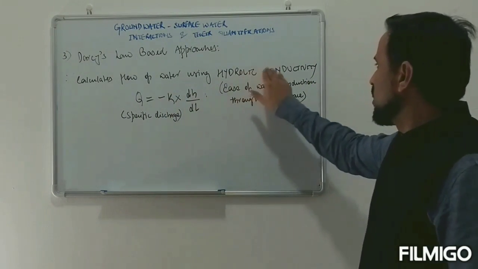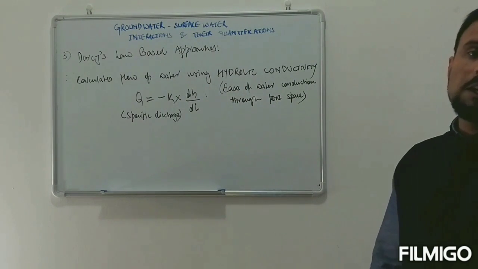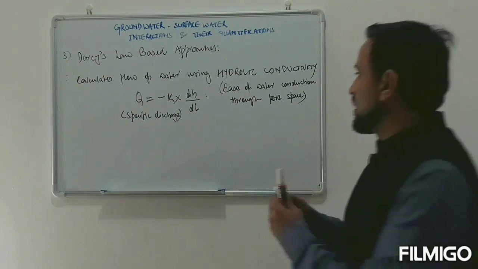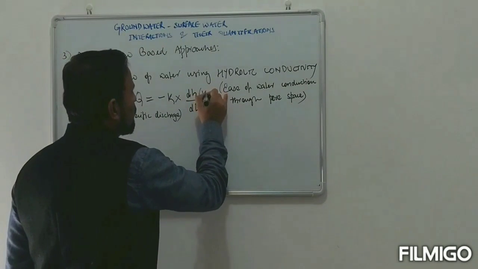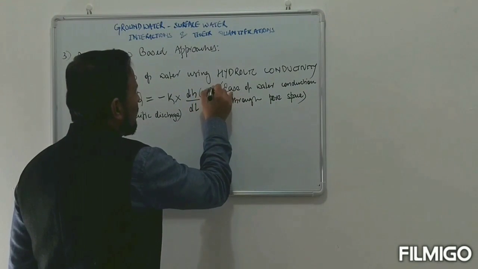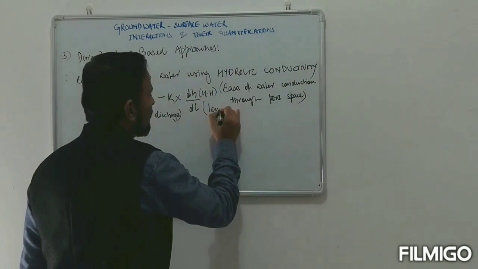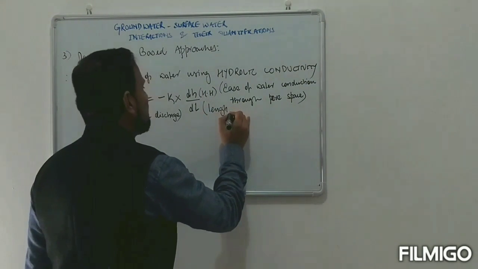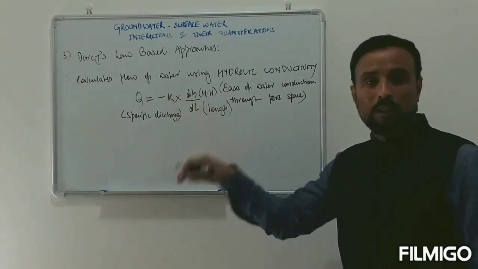Where K is hydraulic conductivity and dH upon dL is the hydraulic gradient. dH is the hydraulic head, and dL is the length between two hydraulic heads.